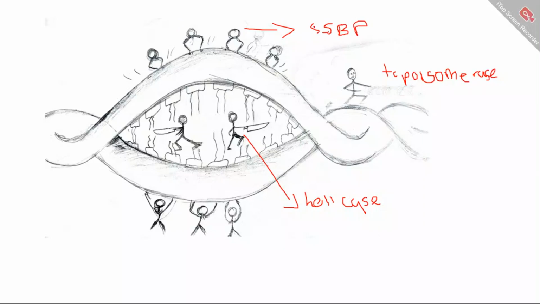These are the ones which will prevent the reformation of hydrogen bonds. So your ex and yourself are not going to get back because of the single strand binding protein.